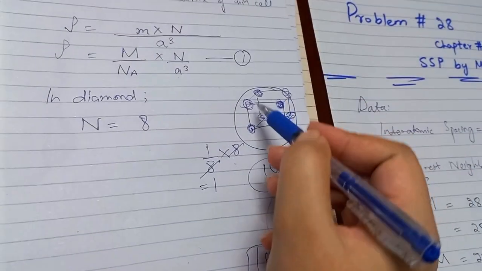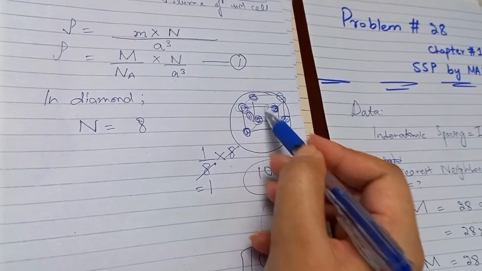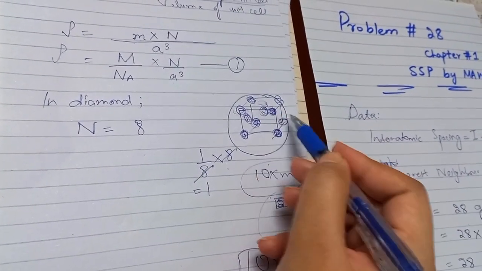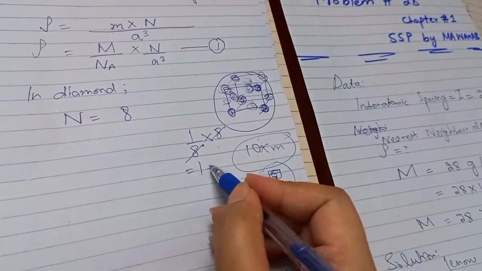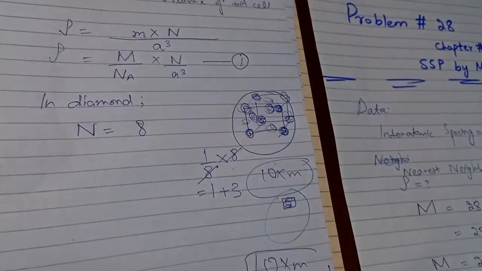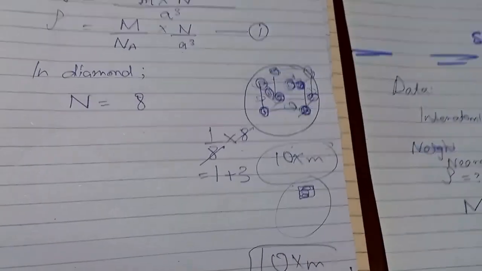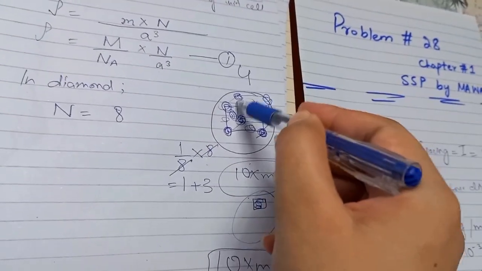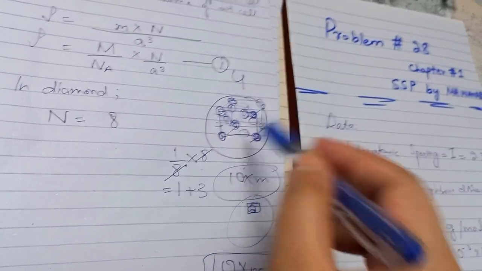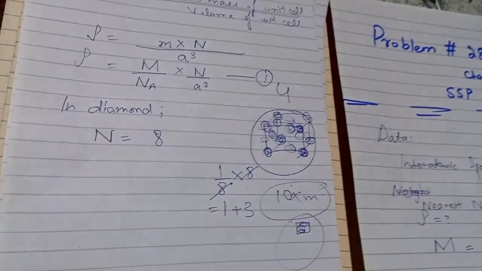Now besides that, since it is FCC, there are additional atoms at each of the faces of the unit cell, which contribute a total of 3. And besides that, we have 4 atoms at the tetrahedral positions inside the diamond lattice.